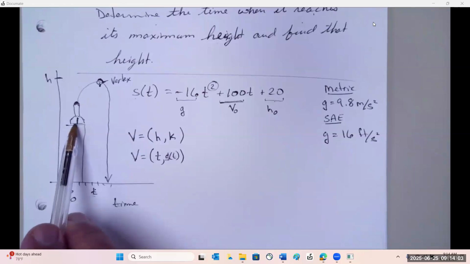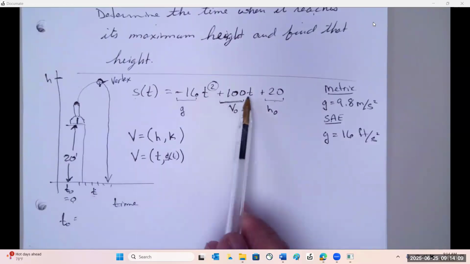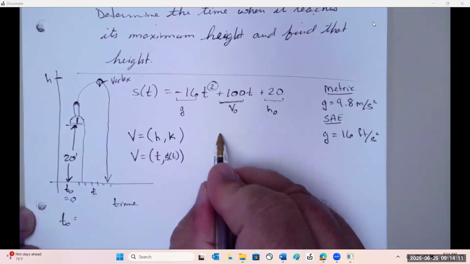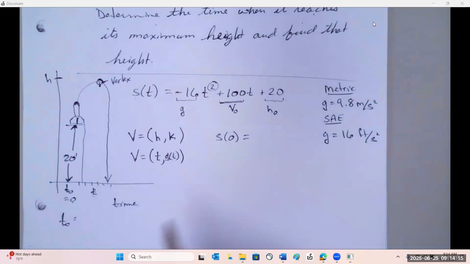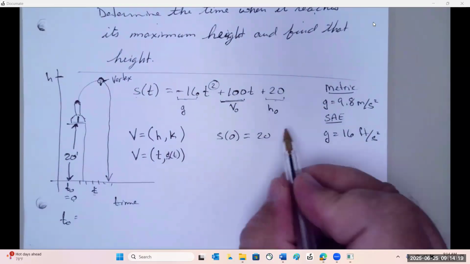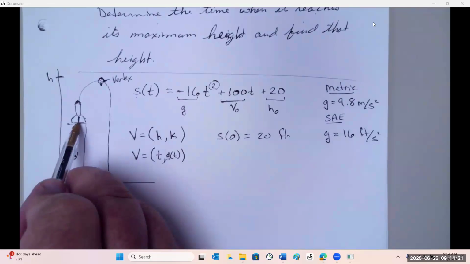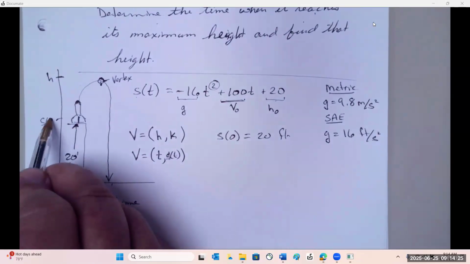Has the clock even started? No. So it's 0. When t equals 0, what do we have? That goes to 0. So we just have 20 feet, which is the position we're sitting. So this is s sub 0.